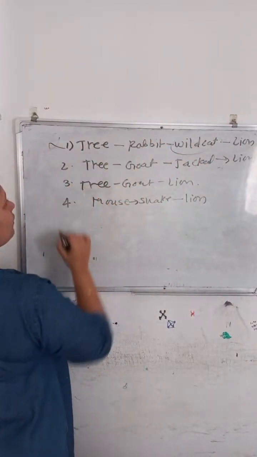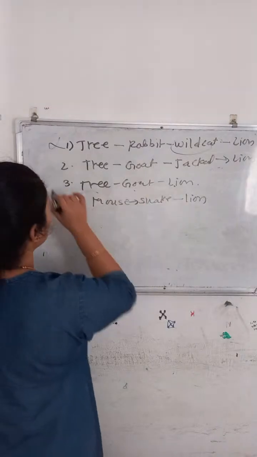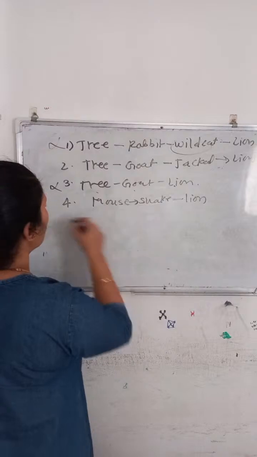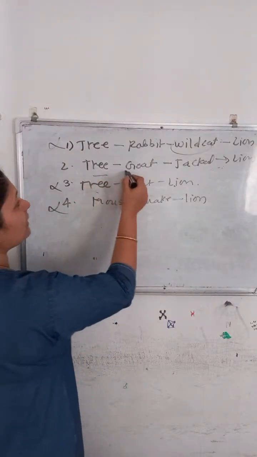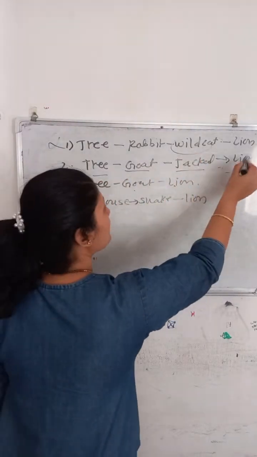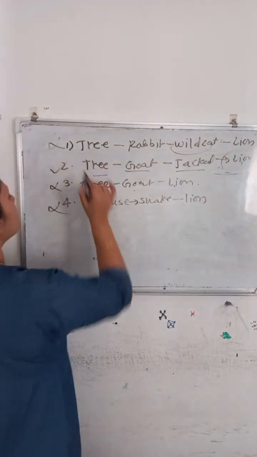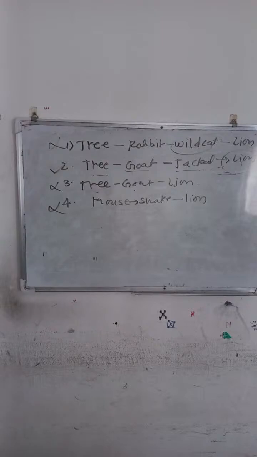This option is wrong. Then tree, goat, lion. This is also wrong. Then mouse, snake and lion, this is also wrong. Then tree, goat, jackal and it is given to the lion. More energy is consumed in this chain, so option 2 is the correct option. Can you get this? Do you understand this?